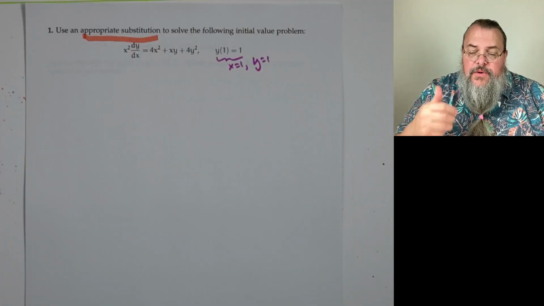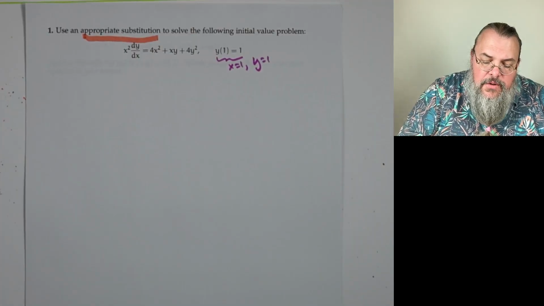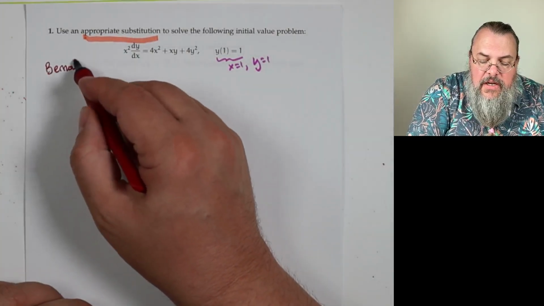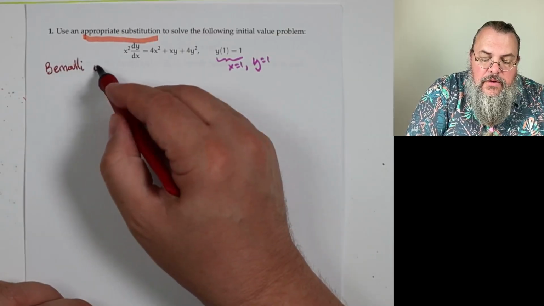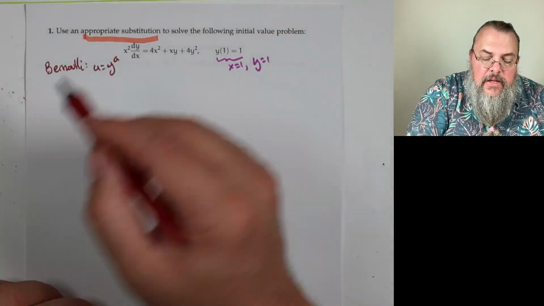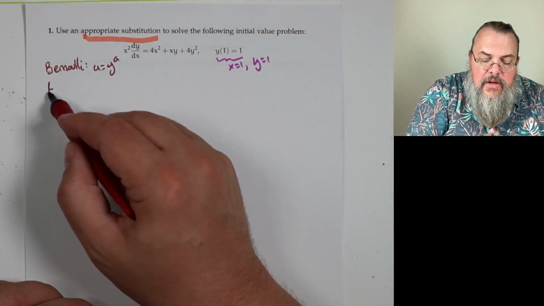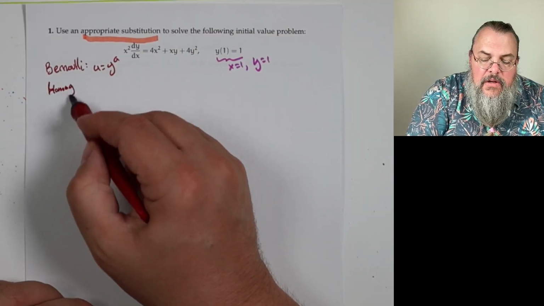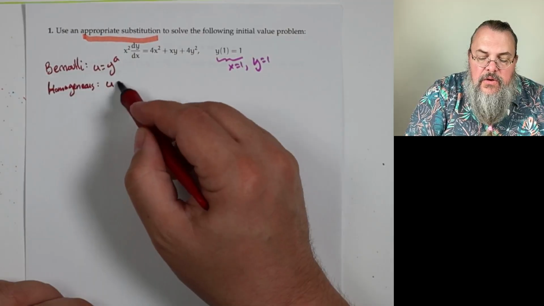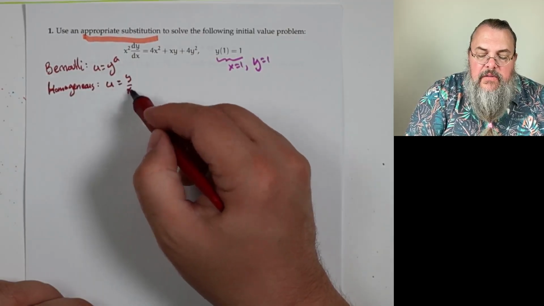One is Bernoulli, and for Bernoulli, that kind of substitution looks something along the lines of u equals y to the a. And the other kind is homogeneous, and that substitution looks like u equals y over x.